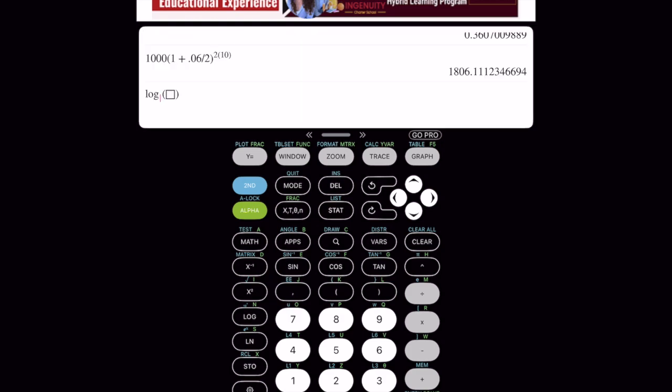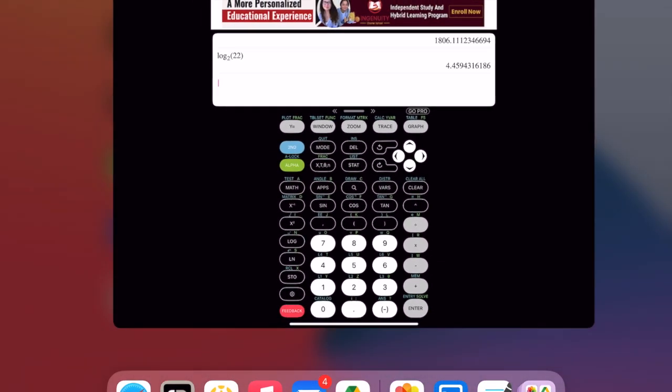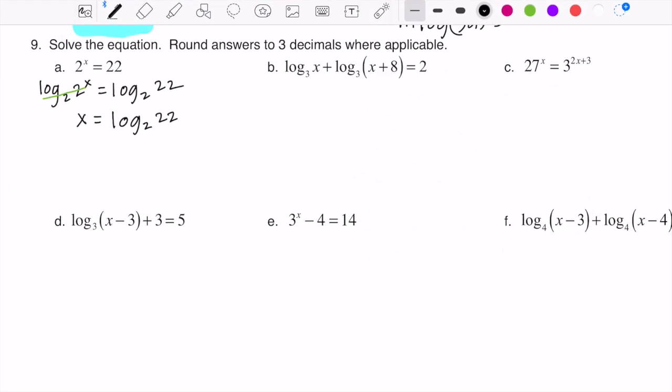Enter, and then that was log base 2 of 22. Enter, round to the 1,000th, so 3 decimal places, and then we have our answer. Okay, so x is approximately 4.459.